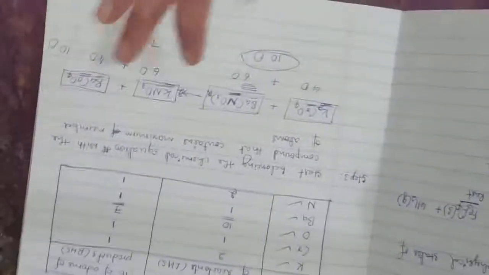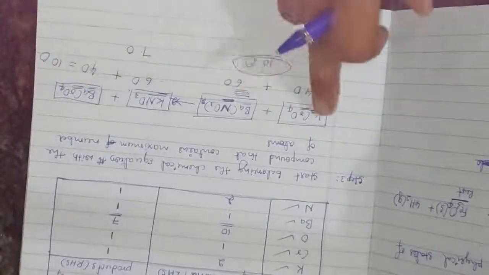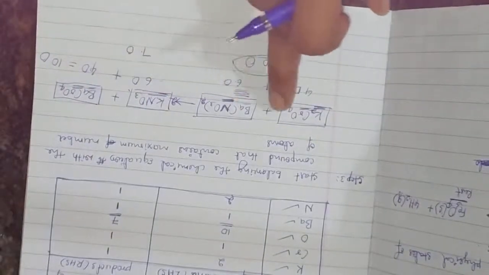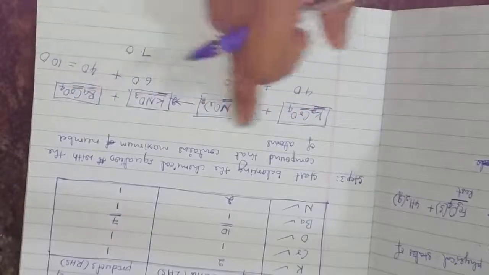Here in this equation all the atoms are completely balanced, so we will write this equation as it is.